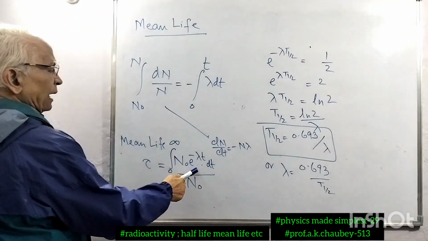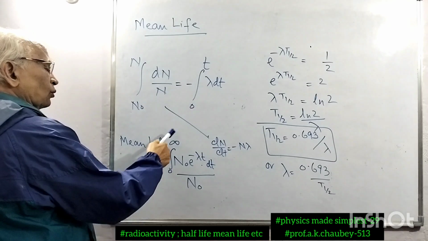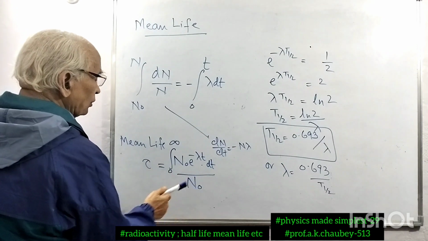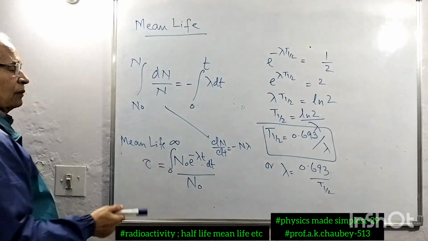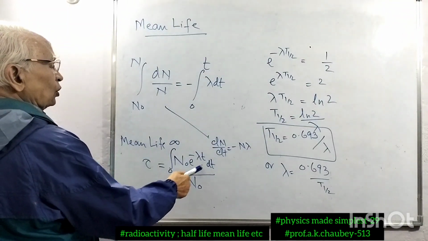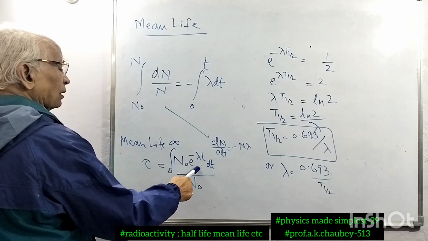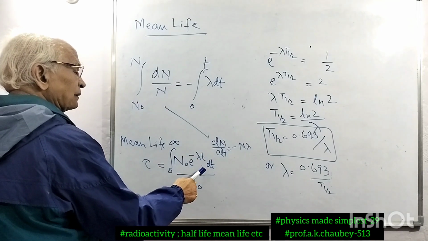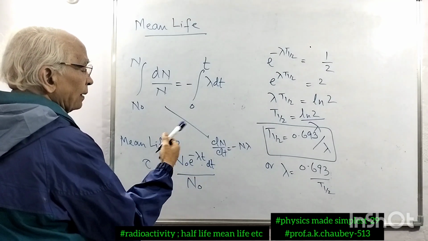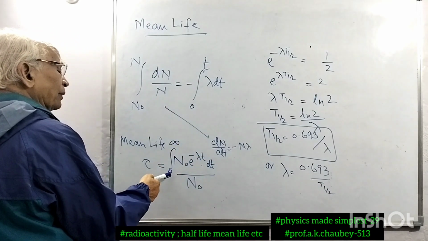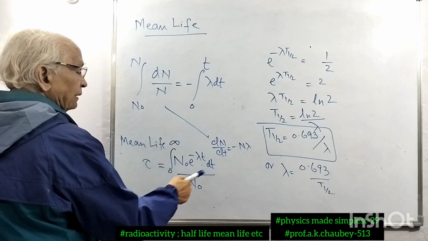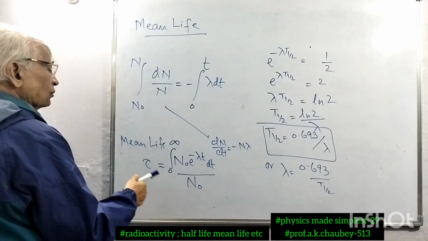So this becomes the total lifetime of all nuclei from 0 to infinity, divided by the number of radioactive nuclei. This gives the mean life of the system. So many nuclei have decayed in time dt, and we find out how many nuclei from 0 to infinity time, the total lifetime, and divide by n0.